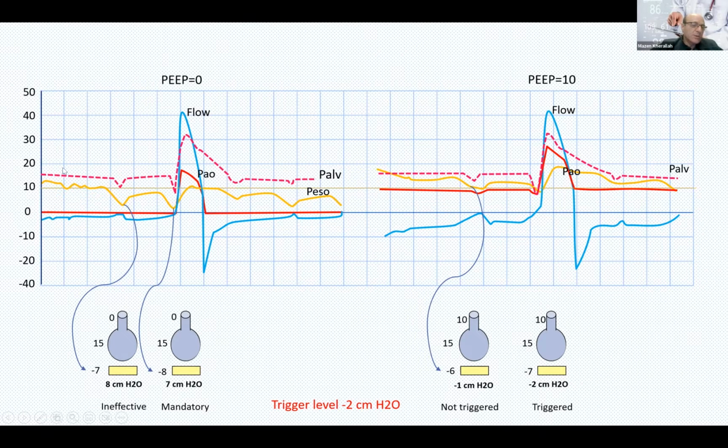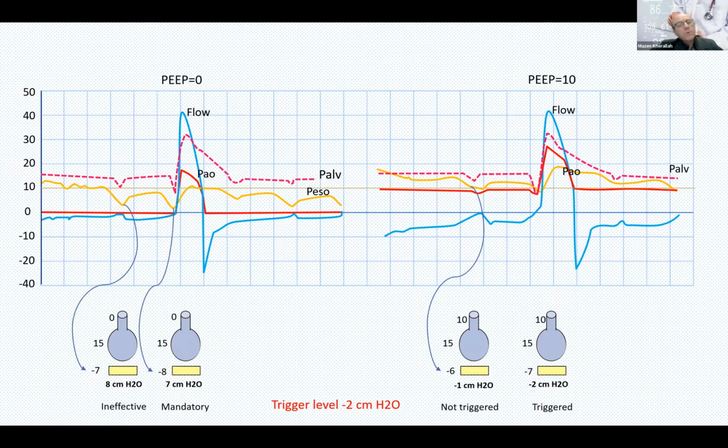It does not measure the alveolar pressure. And as you know, in order to measure this pressure, you need to put expiratory hold. And by putting expiratory hold, you're equalizing the pressure in the alveoli and the airways. So what you see is that airway pressure would go up to 15.